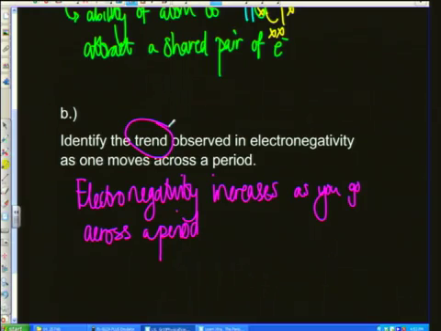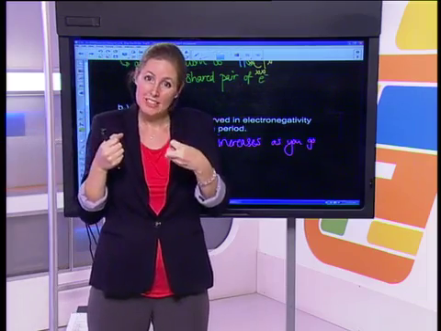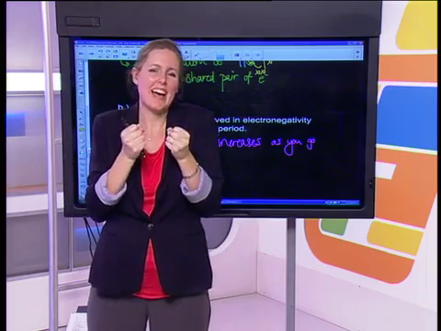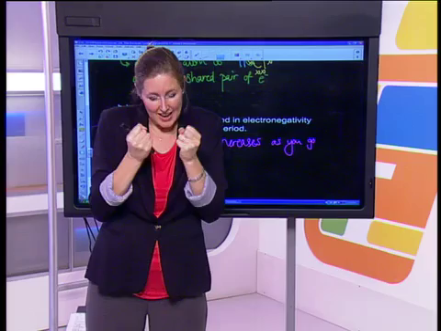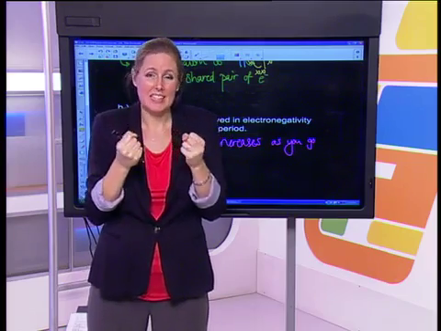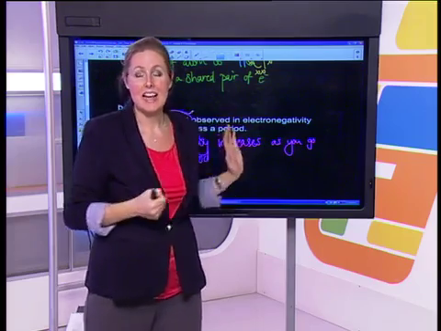So going across a row, the electronegativity increases. And that's because, once again, there are more protons inside the nucleus and the bigger tug of those electrons are being pulled closer. And so, again, a shared pair of electrons is going to be pulled slightly tighter as you go across.